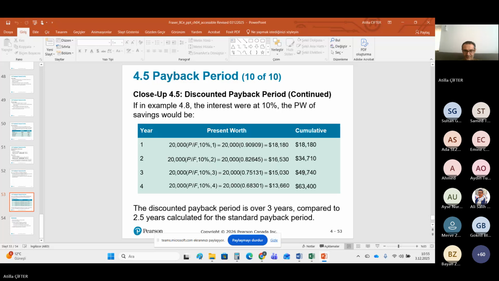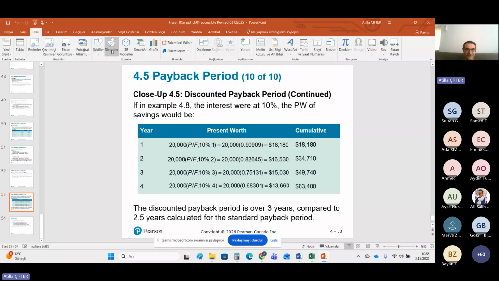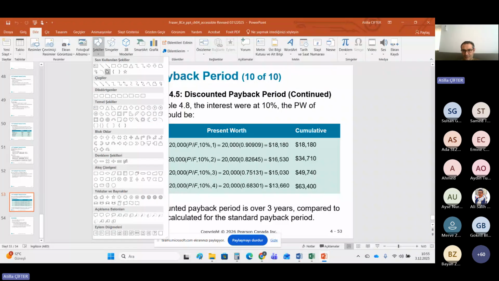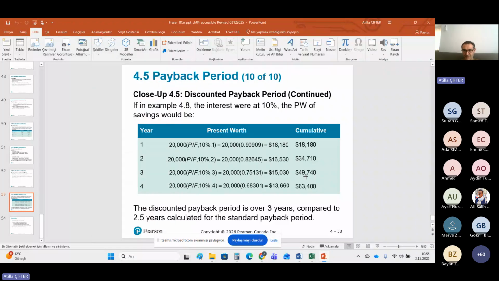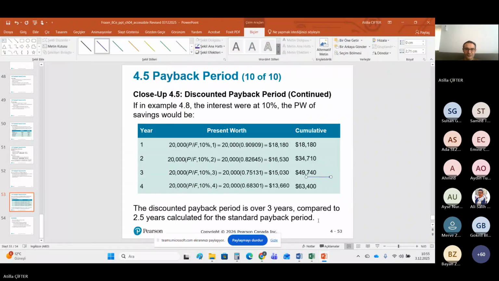Is it correct? Okay, here. Your cumulative return should be $50,000. It is around here. So this project is covered in 3 years and later on. How do we know? Because I said that the investment is $50,000. Your cash inflows in each of the years are $20,000, but the interest rate is 10%.